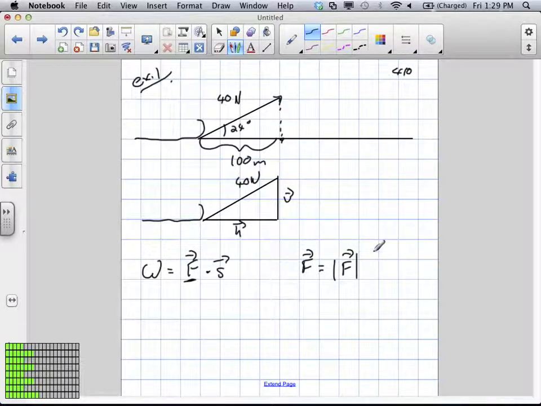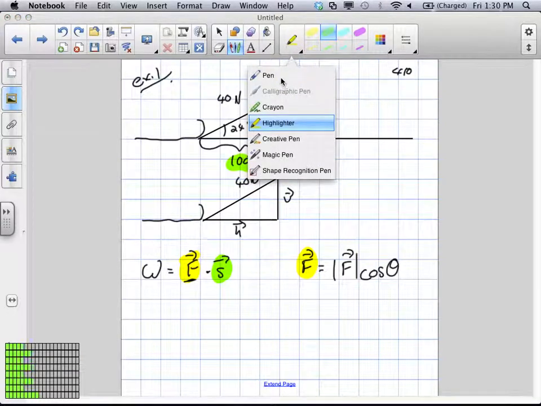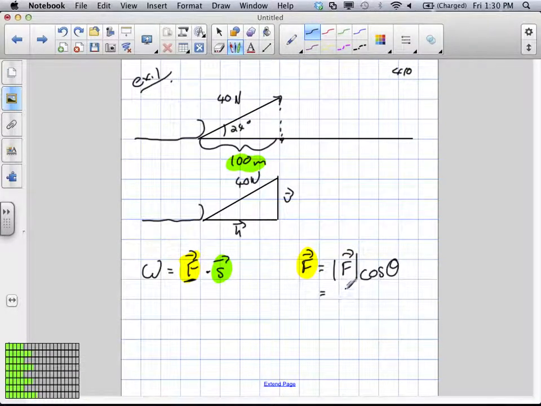We have the magnitude, which is 40 newtons, times cos theta. So that 24 degrees comes in handy. Before we can get into our work formula, we need to calculate the force, which is the magnitude of the force multiplied by cos theta. Our distance we already have. This is distance pulled. Our distance pulled is 100 meters. But we do, again, need to calculate the force. So the magnitude is 40 newtons multiplied by cos 24.